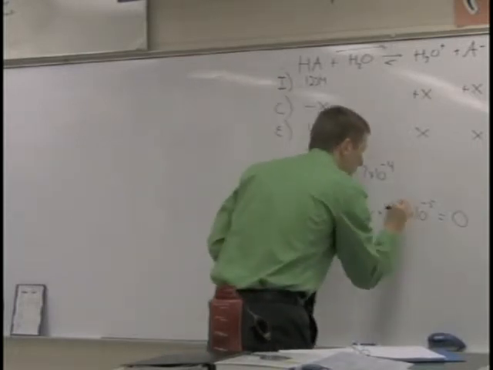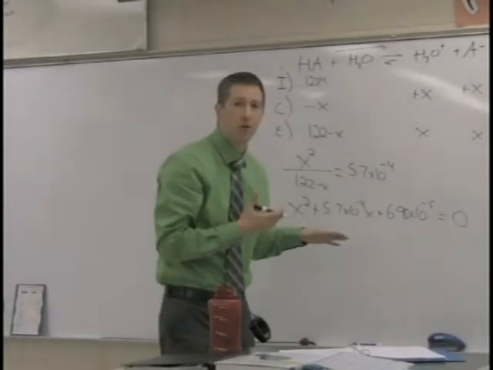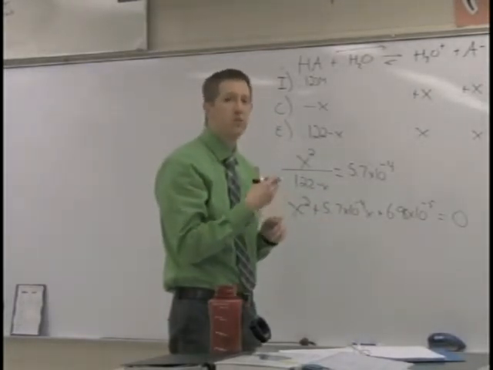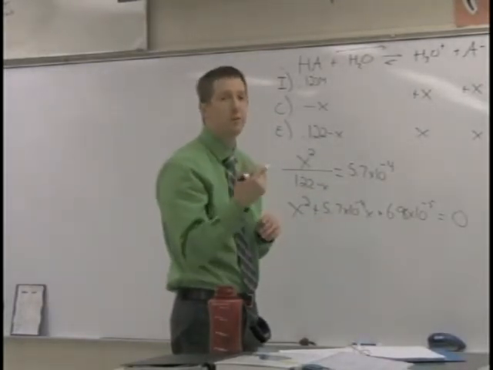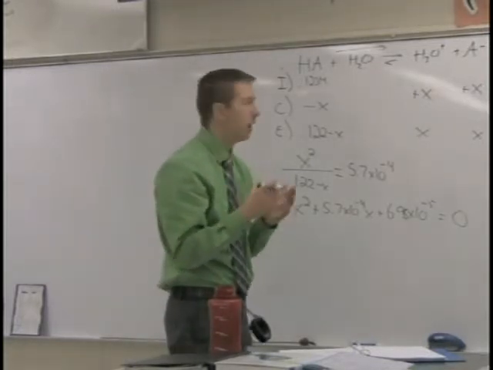Now, if you get to this point, you can use the quadratic formula: negative b plus or minus the square root of b squared minus 4ac, divided by 2a. You could do that if you wanted to, or instead, there's a quicker way to do it.